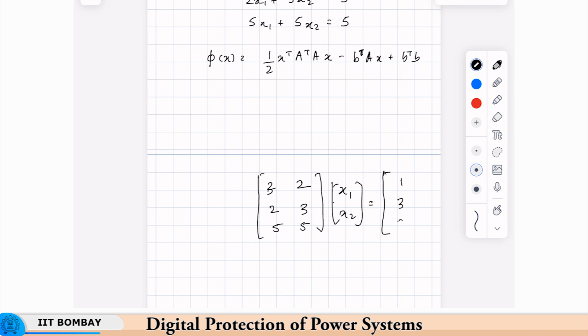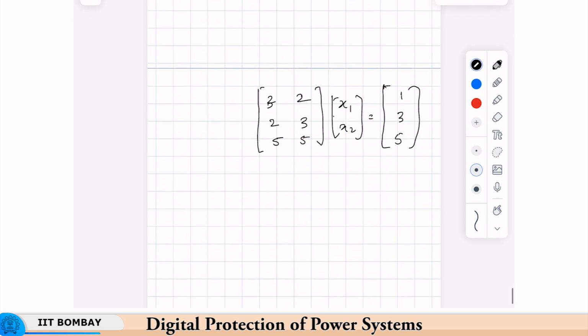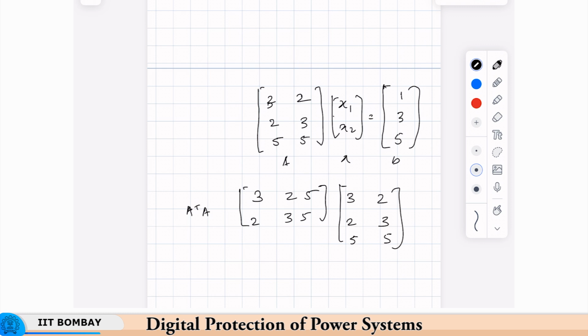B is 1 3 5. So, what is A transpose A? This is A, this is x, this is B. So, A transpose A will be: we have 9 plus 4 plus 25, so 38.